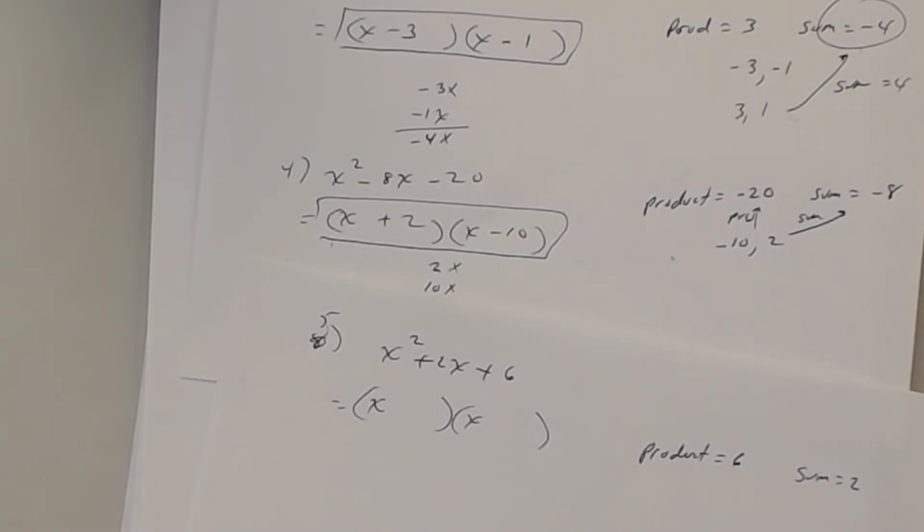I agree that's 6. What's the sum? 3 and 2 is 5. That doesn't work. 3 times 3 is 9, so that's still not going to work. Can you think of any numbers? 1 and 6? No, none. You can't think of any numbers, right?